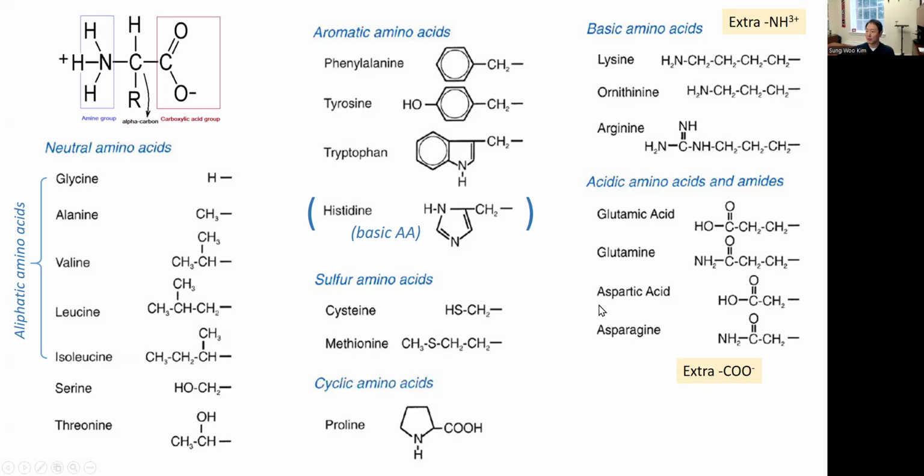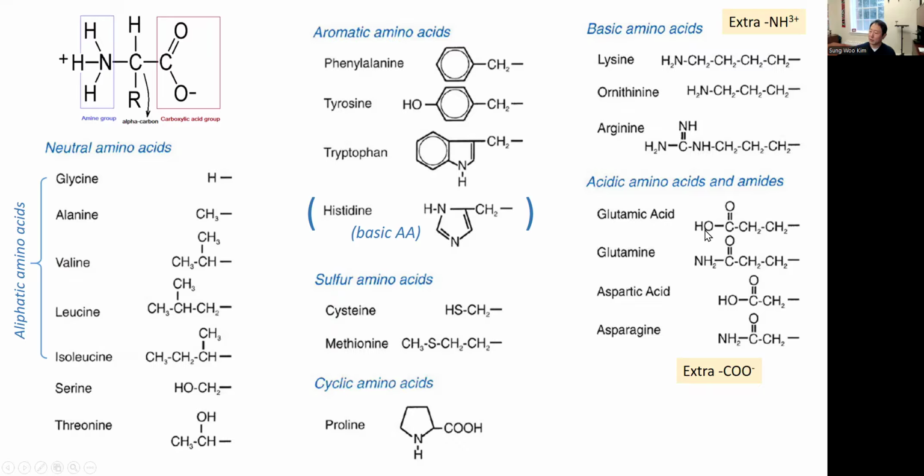They are a mixture of the acidic amino acids and amides. Okay? If I introduce glutamic acid or glutamate, if it is in the salt form, or aspartic acid or aspartate, these two, glutamic acid and aspartic acid, if you look at their R group, they commonly have an additional carboxyl group here.